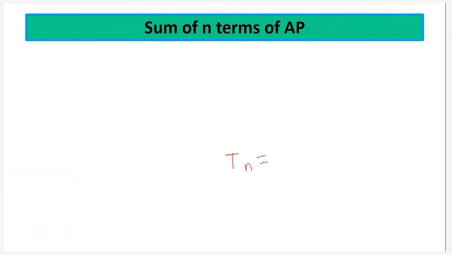Tn is equal to a, the first term, plus (n minus 1) into d, where d is the common difference. That is the formula for the nth term, Tn.